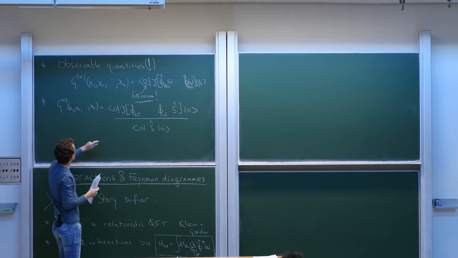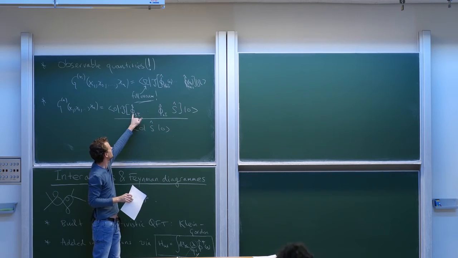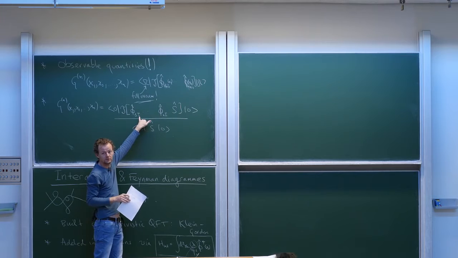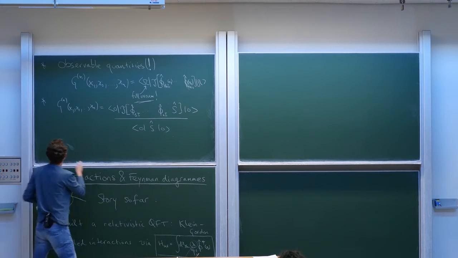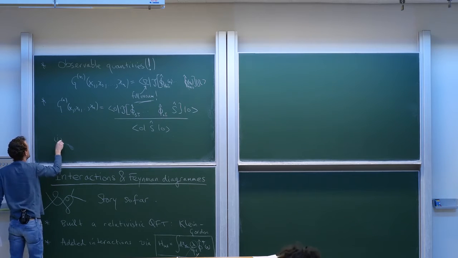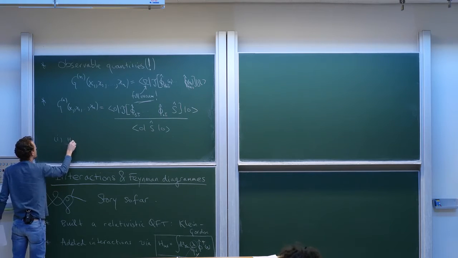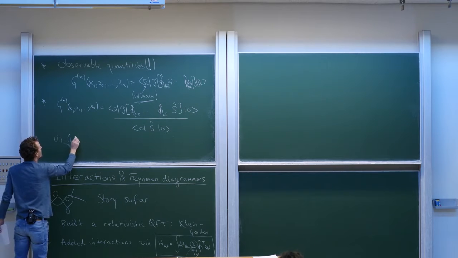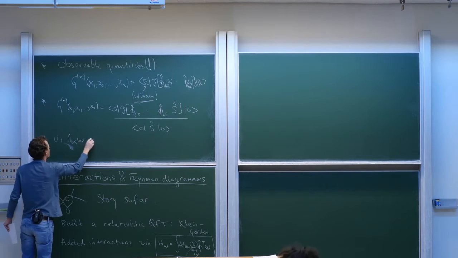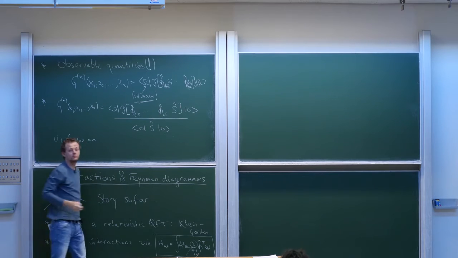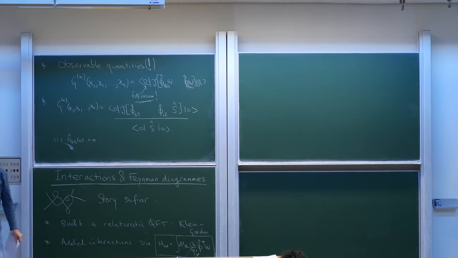So this object here are the field operators in the interaction picture. And this S hat, let me just label the data here. We have that this guy is the vacuum for the Klein-Gordon field, which is an easy thing to calculate, well, easy-ish.